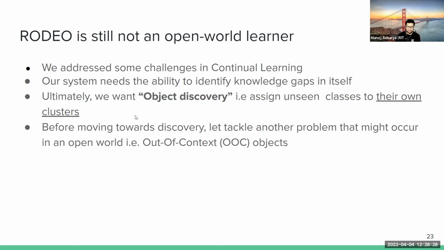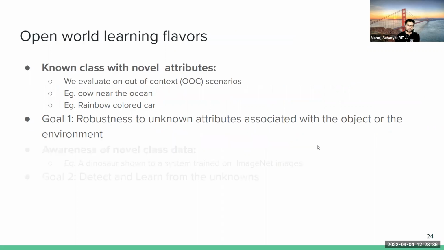So that's the goal. But before moving towards object discovery, I want to tackle another problem that I discussed previously, which is regarding out of context objects, right? So here again, the goal is to make models robust against unknown attributes that are associated with the object or the environment.